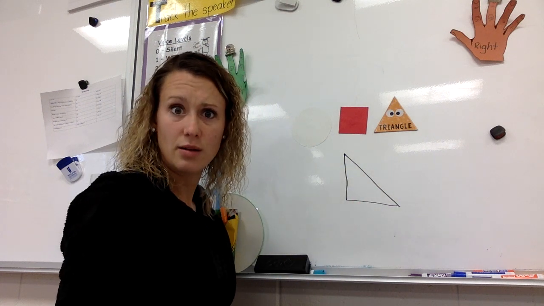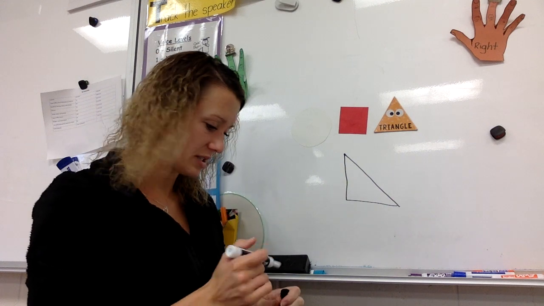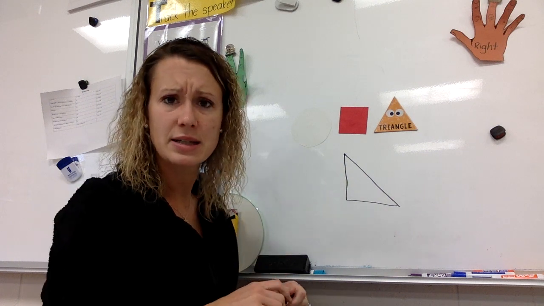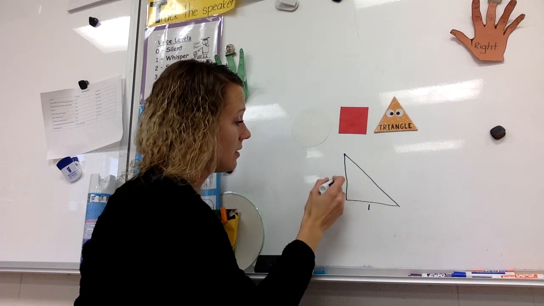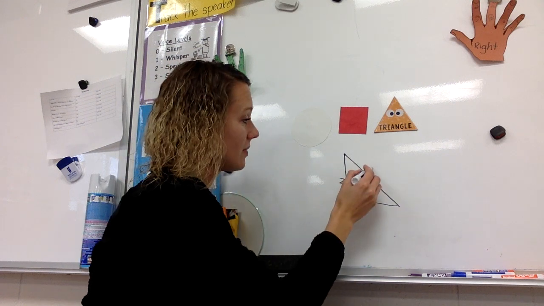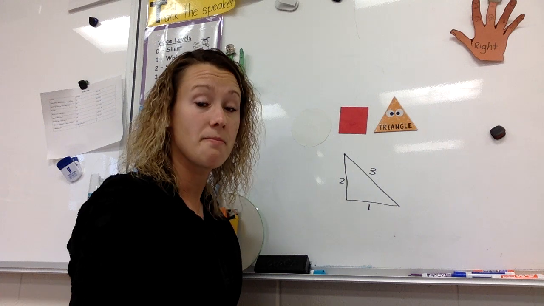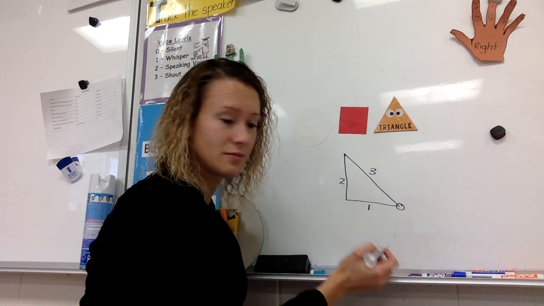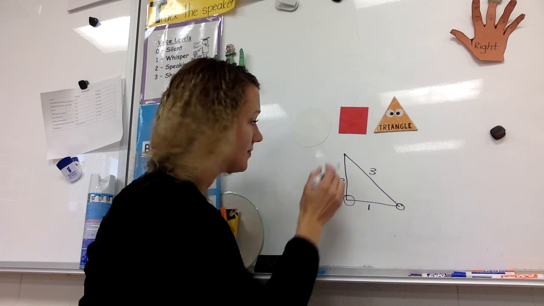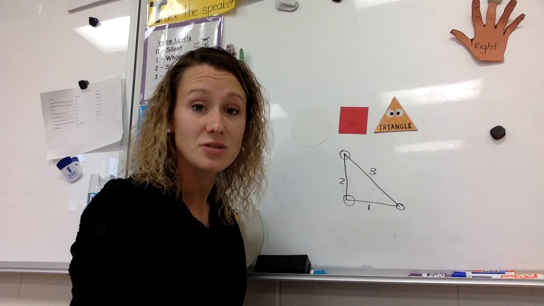Is that still a triangle? Well, I don't know. Let's count. I said it has how many sides? 3. Let's count. 1, 2, 3. Yep. I said it has how many angles? 3. Let's count. 1, 2, 3. That is a triangle.